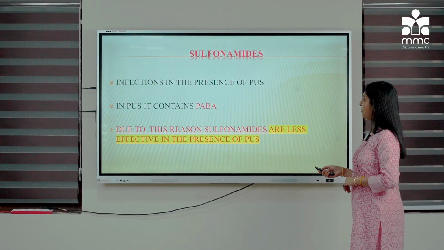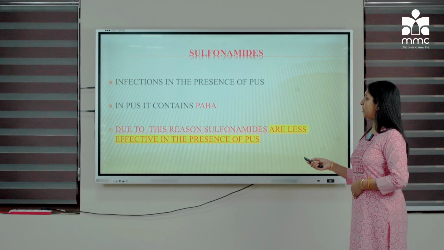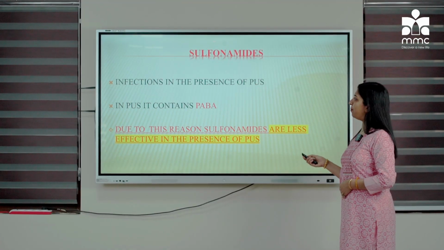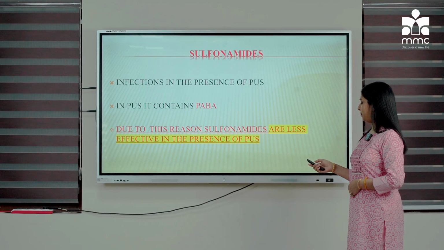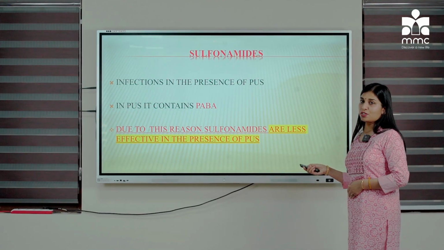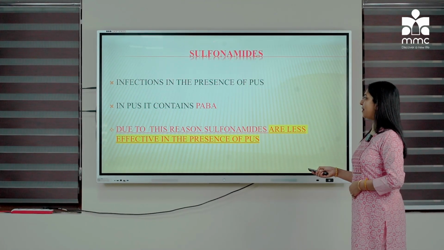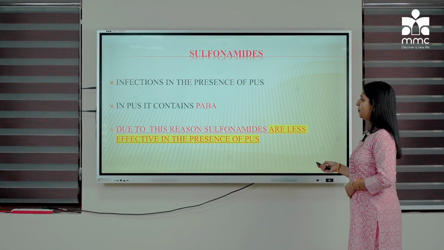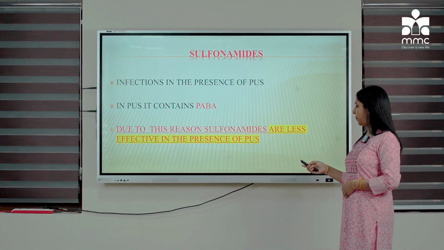We know sulfonamides are given for pyogenic infections, that is infections in the presence of pus. This pus contains a lot of PABA. So sulfonamides are less effective in the presence of pus because it contains a lot of PABA, and the drug is a structural analog of PABA.